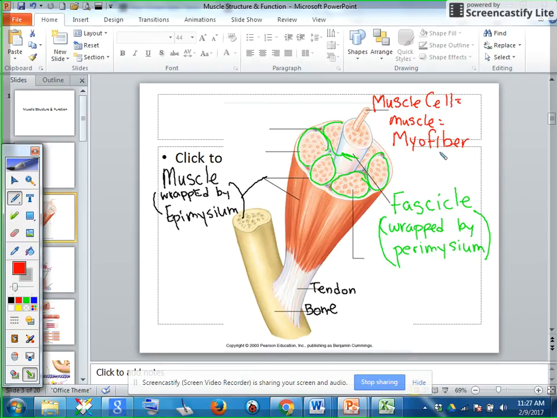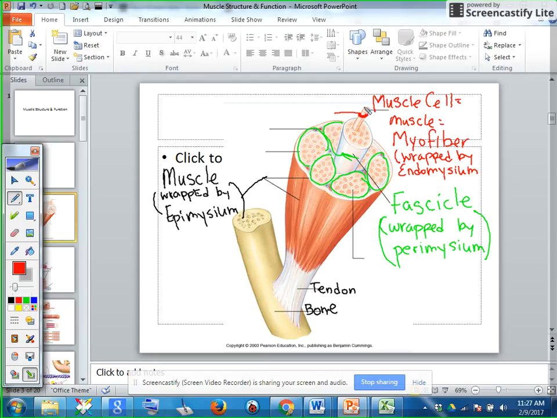Now, each individual muscle fiber, each individual muscle cell, is wrapped by endomysium. Okay, so breaking it down from small, you have all these muscle cells, and each individual muscle cell has a cell membrane that's called a sarcolemma.